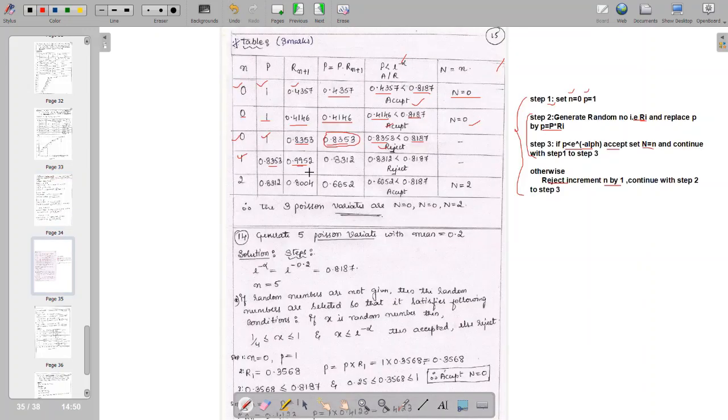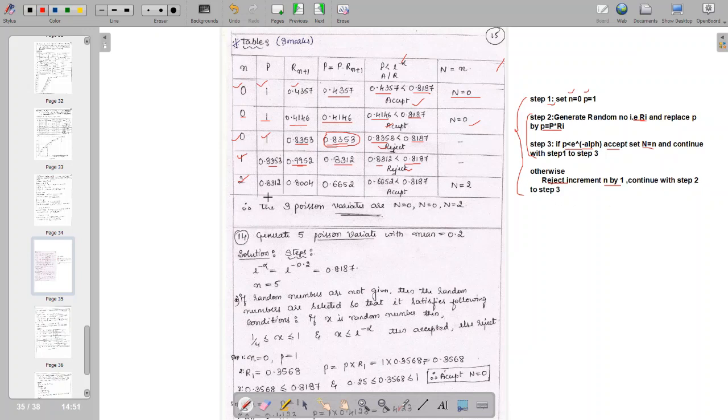Now multiply 0.9952 with 0.8353, we will get 0.8312. Then third step, 0.8312 is less than 0.8187? No, so reject it. Then increment small n by 1. Now small n was incremented from 1 to 2. Then continue with the step 2 to 3.